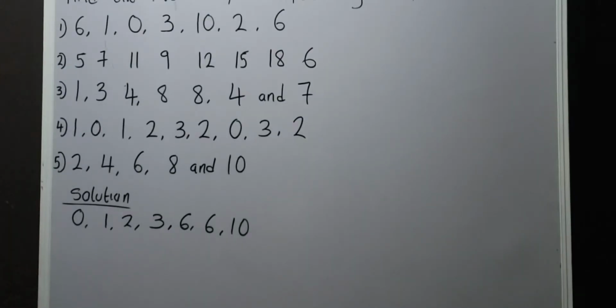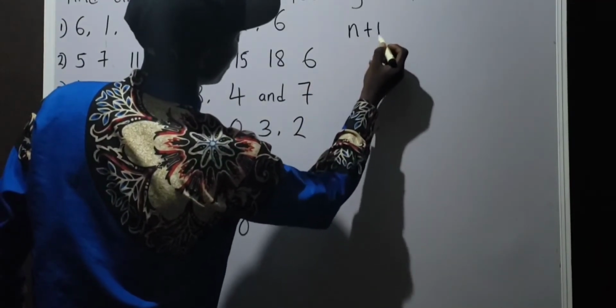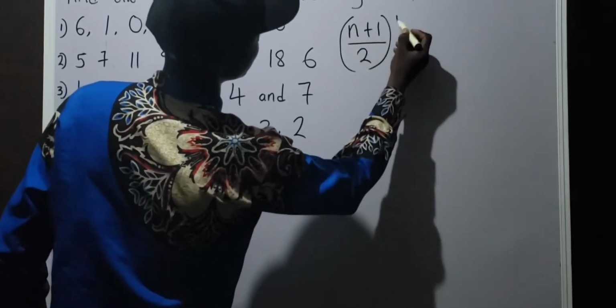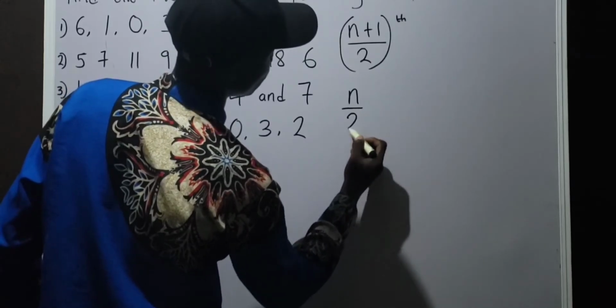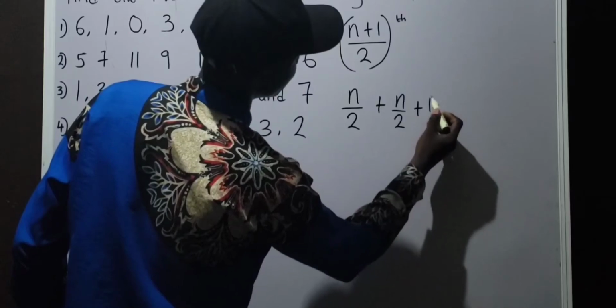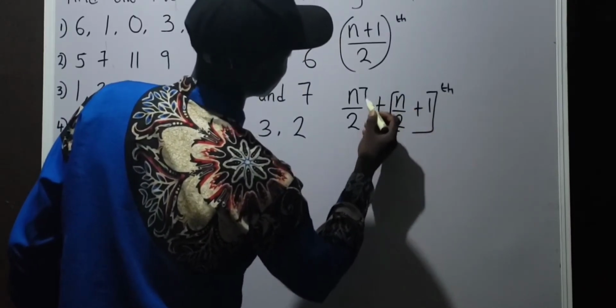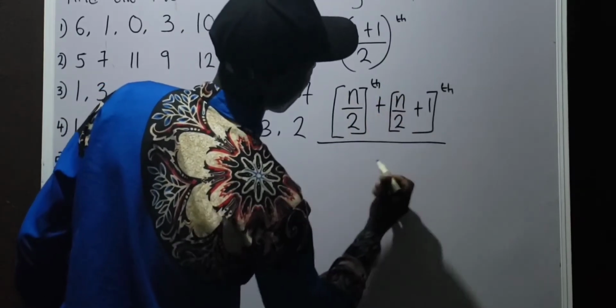Now, in order to determine the median term, we have two formulas. This is the first formula, (n plus 1) all over 2. And this is the second formula, (n over 2) plus (n over 2 plus 1), all over 2.